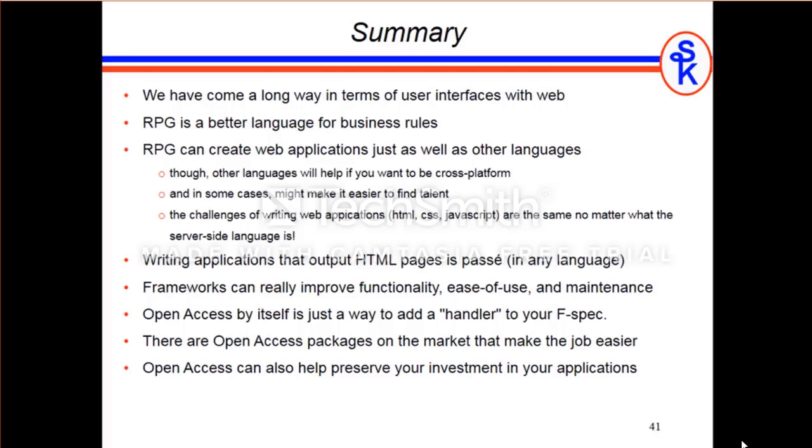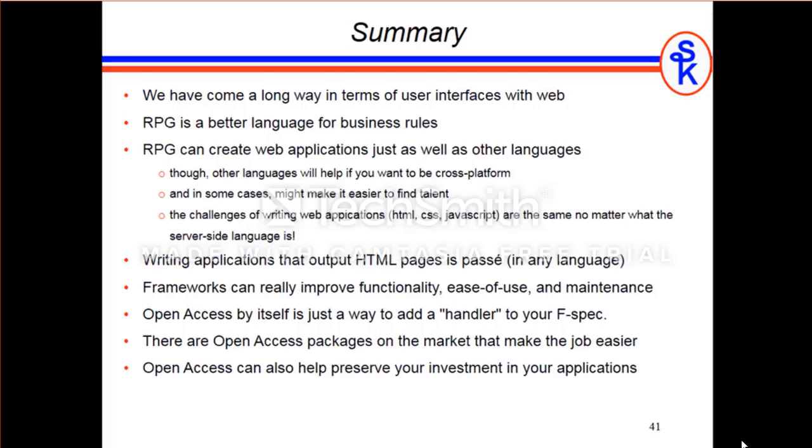If you think about the fact that the HTML, CSS and JavaScript that your program outputs in a web application will be exactly the same no matter what language you code it in, whether it's Java or PHP or Python, Node.js, whatever it is, or RPG, you're outputting the exact same HTML, CSS, JavaScript.